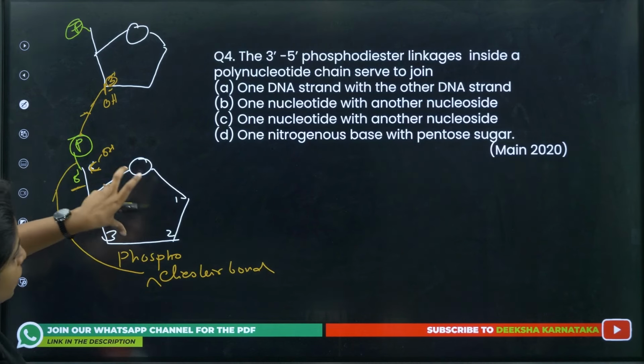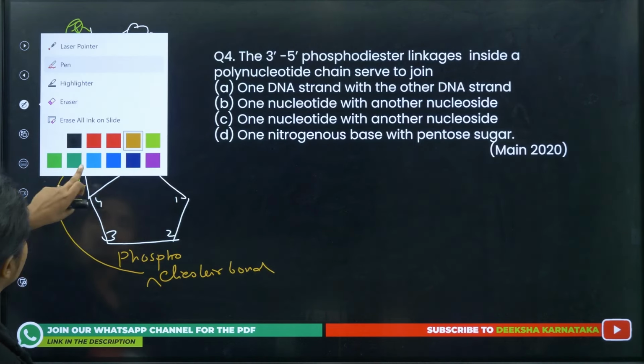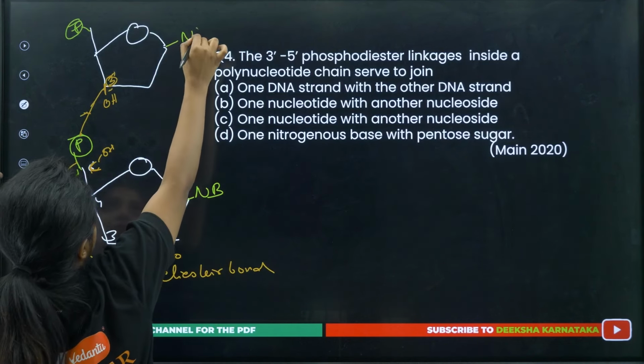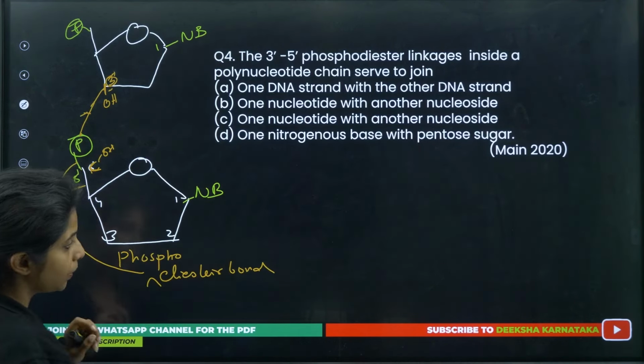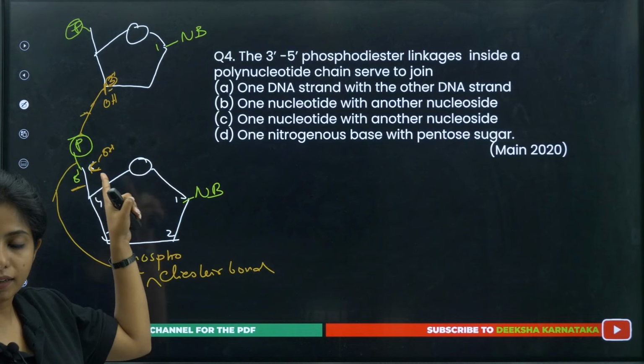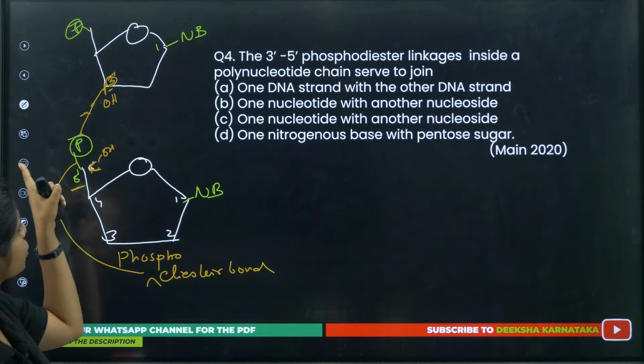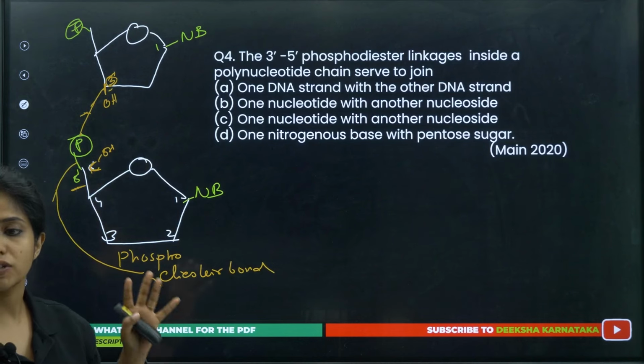So this is one nucleotide in total. A nucleotide has a nitrogen base, which I am making over here. The nitrogen base is on the 1st carbon. So this is a whole nucleotide. This nucleotide and another nucleotide are attached with the help of a 3', 5' phosphodiester linkage.